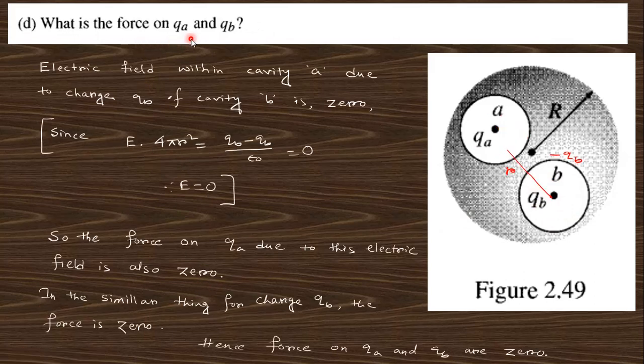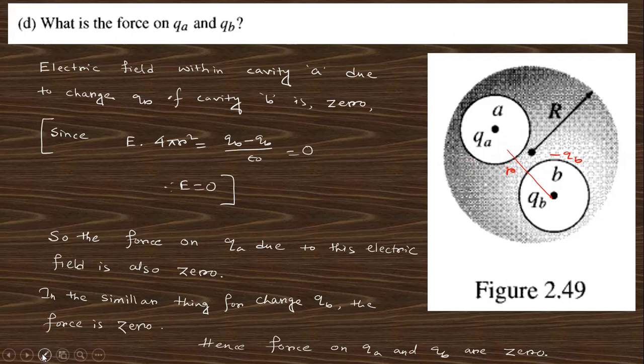Go to the next portion. What is the force on qa and qb? What is the force on qa? For finding the force on qa, you need to find out the field at that point. The field will be generated due to the other charge, that is qb. What will be the electric field at that region?